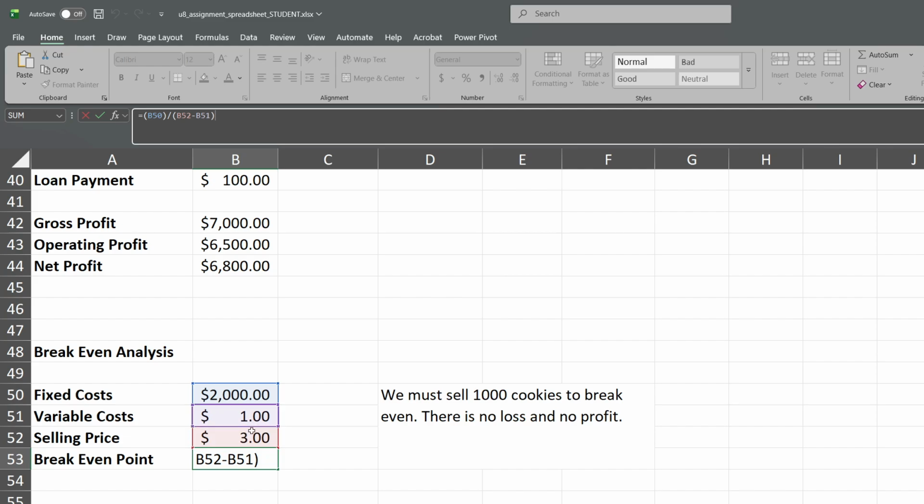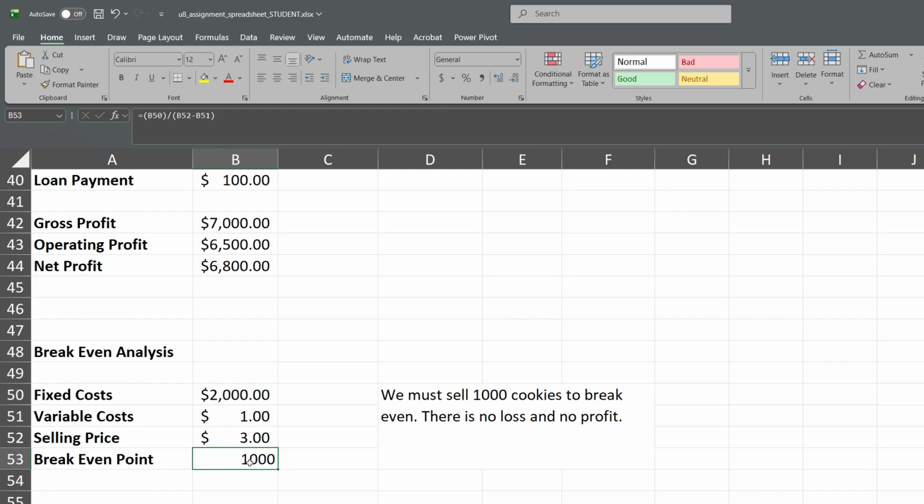So we have $2 here, and then we have to divide that into our fixed costs, or our fixed cost divided by 2,000. And what we end up with is 1,000. So in order to break even, we have to sell 1,000 units or 1,000 cookies to just break even. Anything less is a loss. Anything more is a profit.